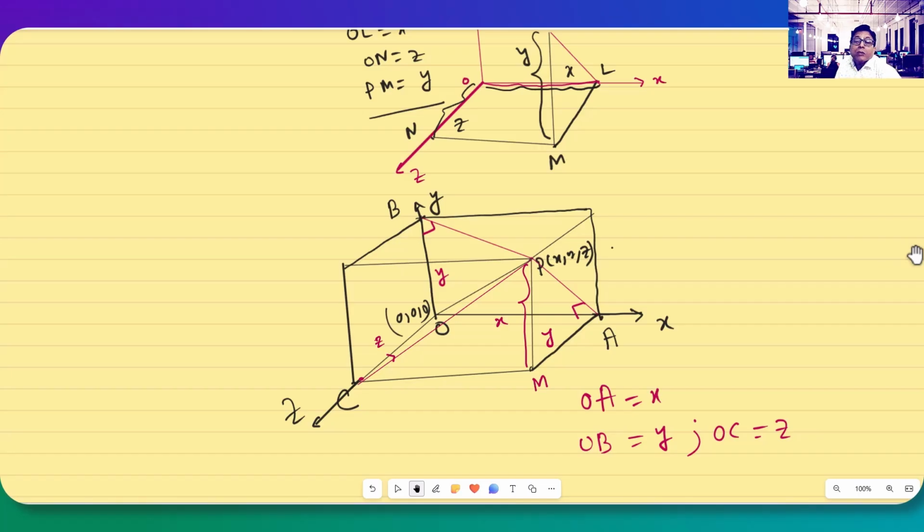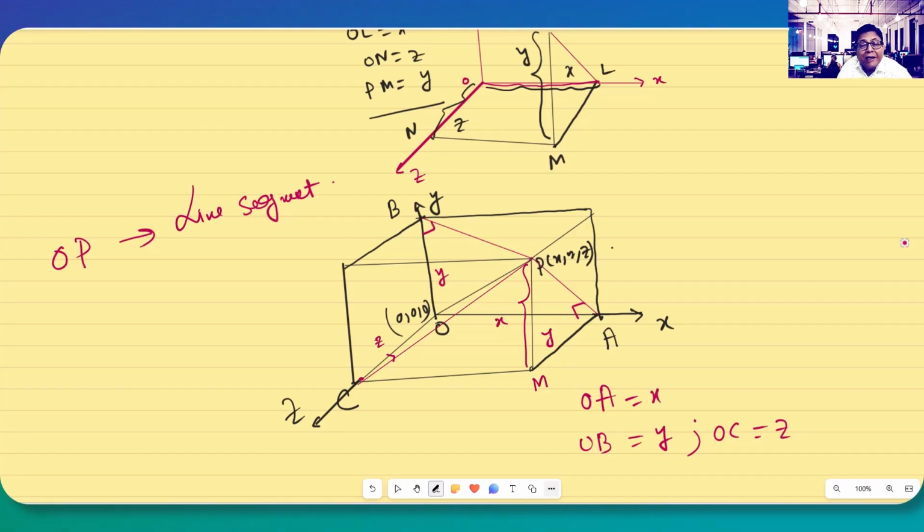Now, this OP is what? In this diagram, OP stands for a line segment. O is the origin and P is the terminating point of the segment. Segment has fixed length. O has the coordinate 0, 0, 0 and P has x, y, z.